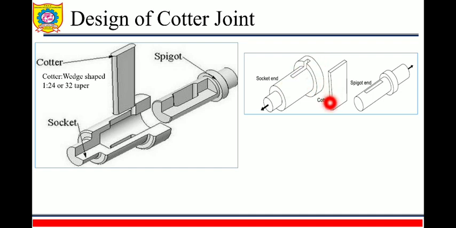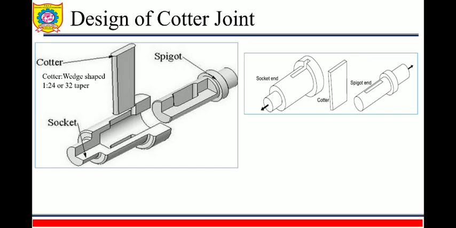Now if the cotter is loose inside the socket and spigot, at that time bending stress will be observed by the cotter. Are you getting my point? That means this will undergo bending.